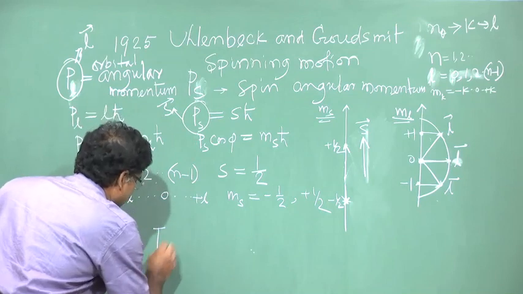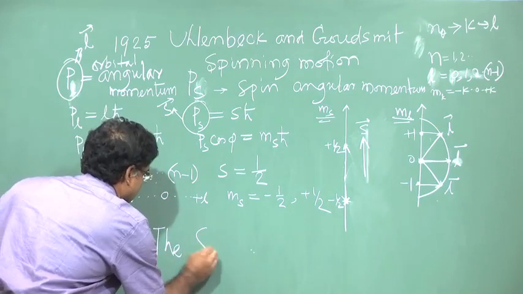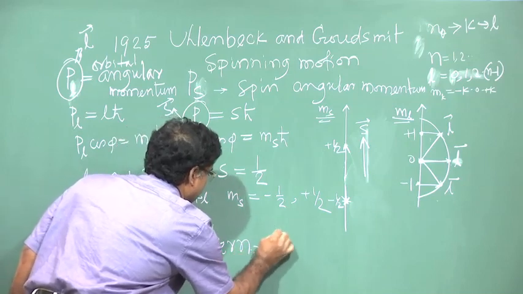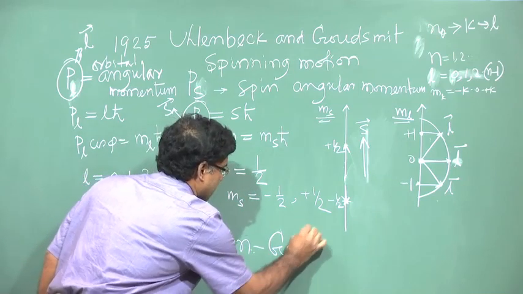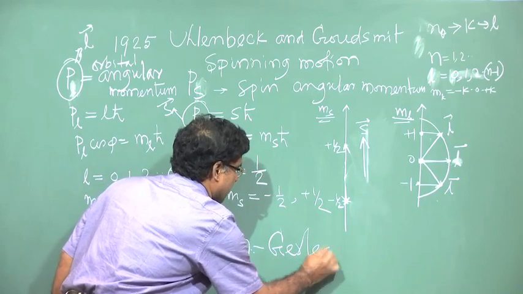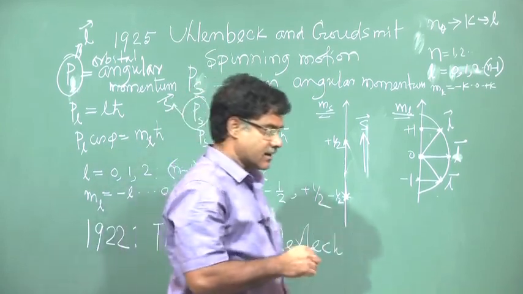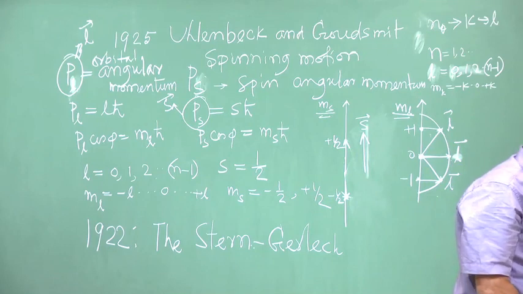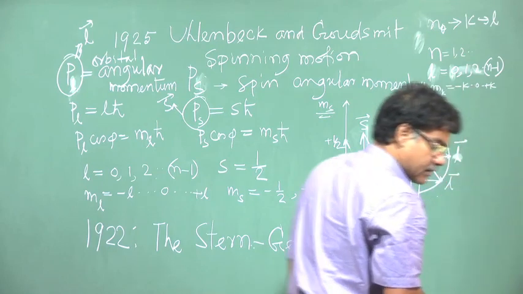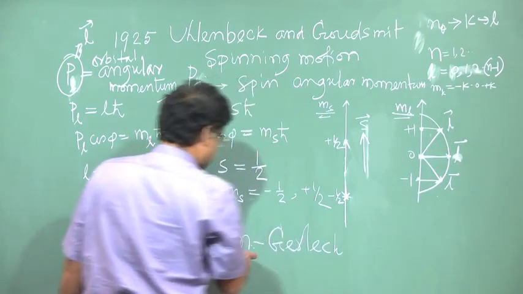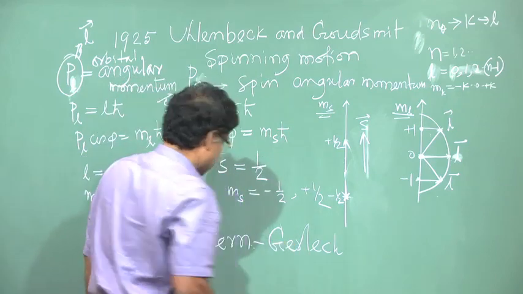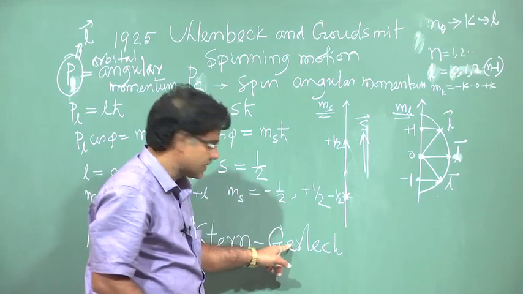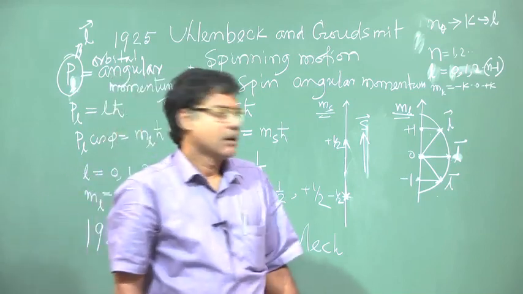Which experiment? The Stern-Gerlach experiment that was done in 1922 by Stern and Gerlach. This Gerlach, GER or GAR, I think GER.